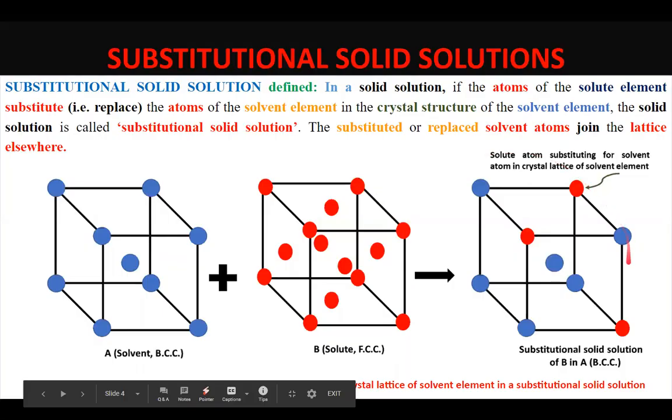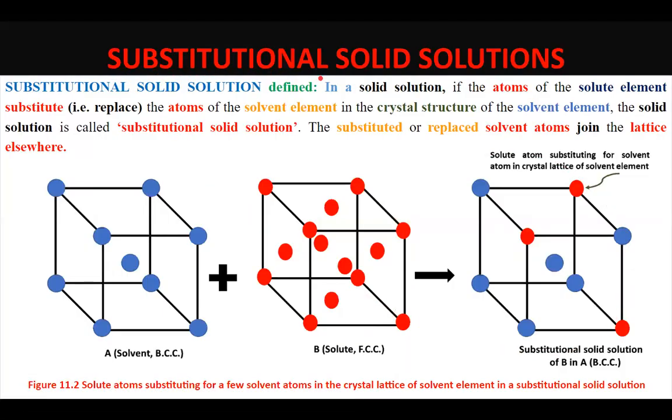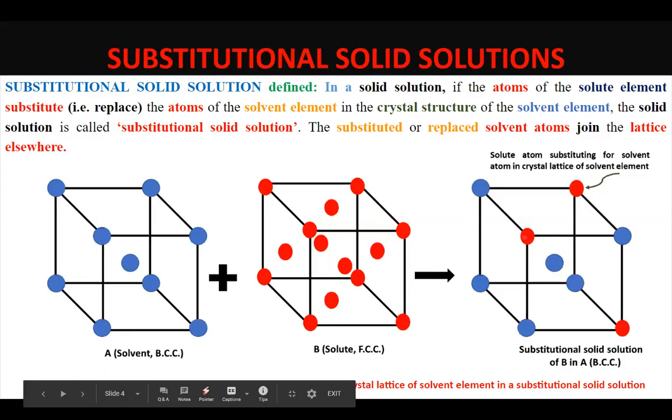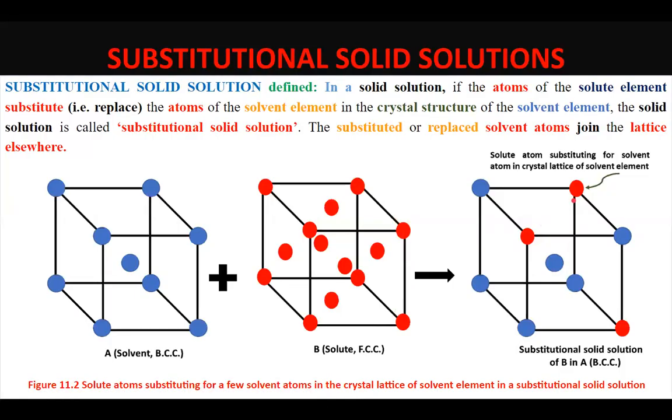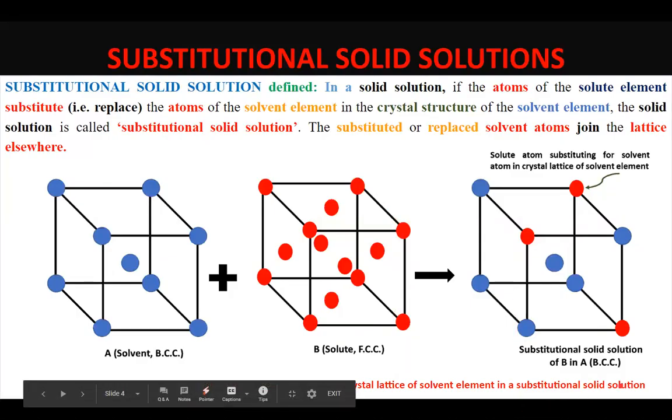Now, this final solid solution is a substitutional solid solution if at some of the lattice positions you see that solute atoms have substituted or replaced the solvent's atoms. So the crystal structure would be that of the solvent element. That is always true for a solid solution.